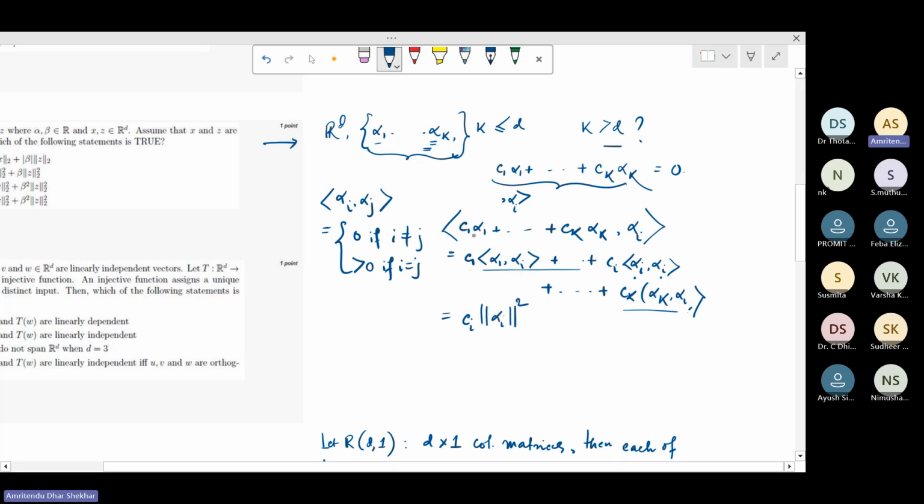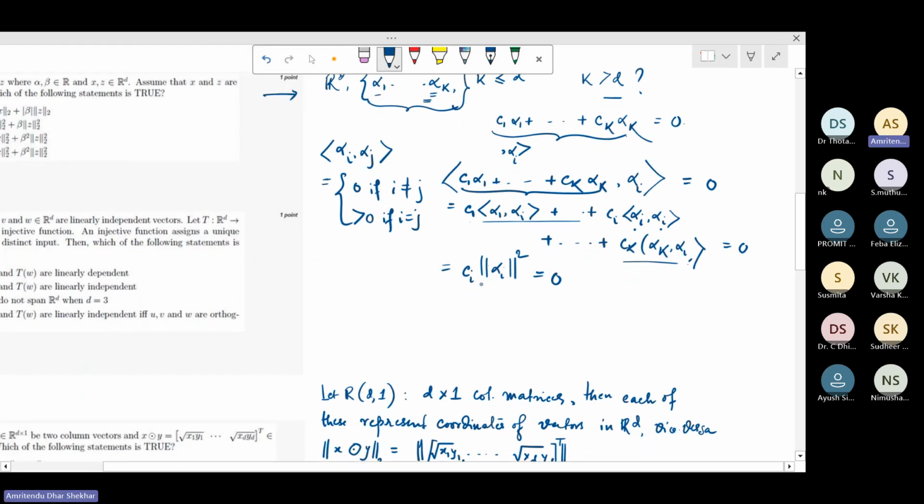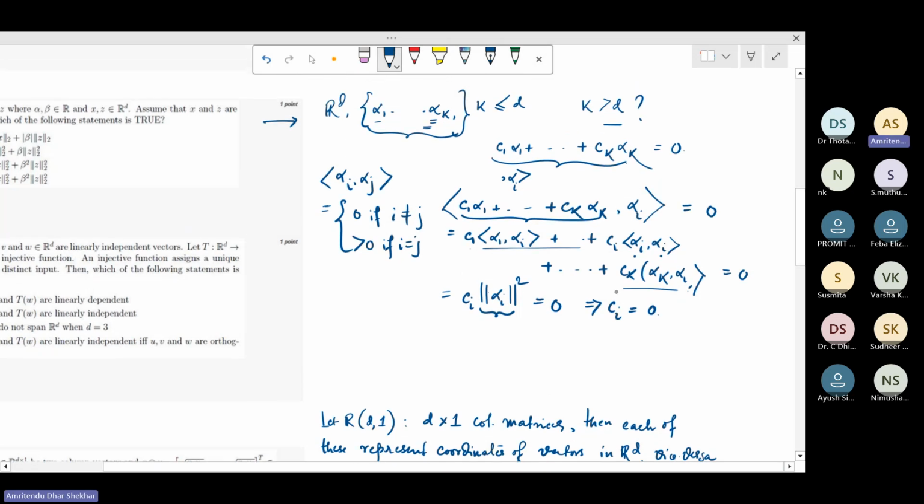Now this you have taken to be 0. So you've taken the inner product of this with 0, so this is equal to 0. And if we equate this side, this is a non-zero vector, so its norm is always going to be positive. That means that Ci is equal to 0, and this is true for all i.